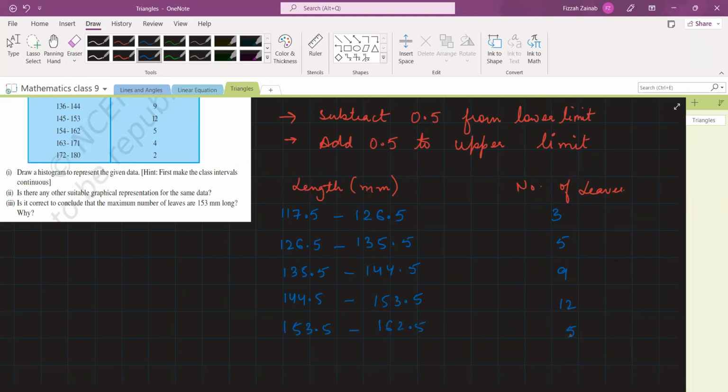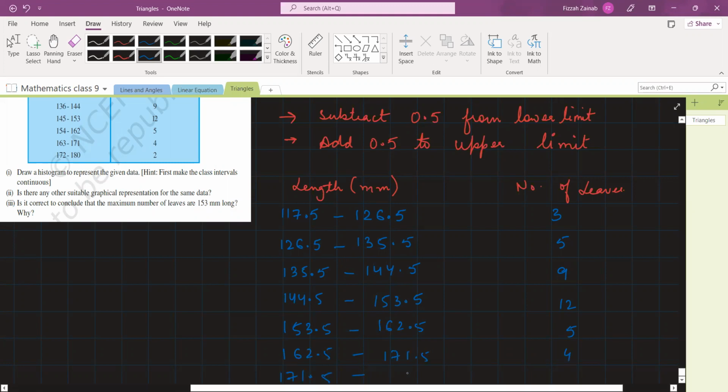This is 5. Next is 163 to 171, so 162.5 to 171.5. And this is 4. Next is 171.5 to 180, that means 180.5. This is 2.